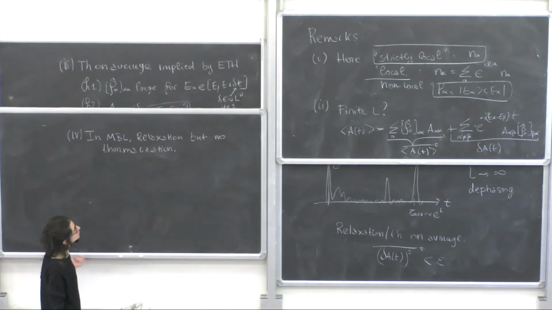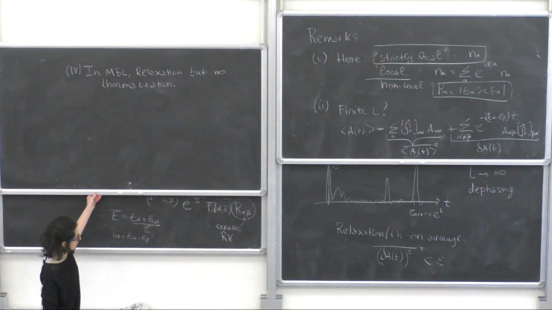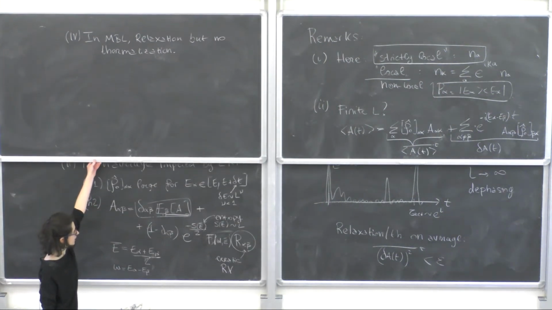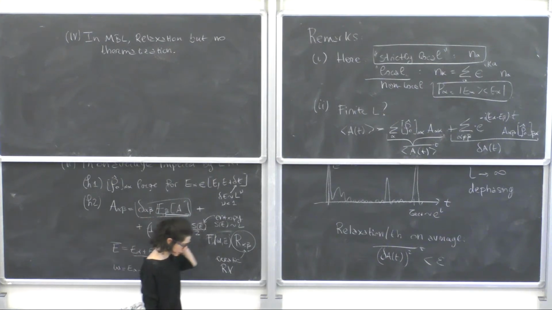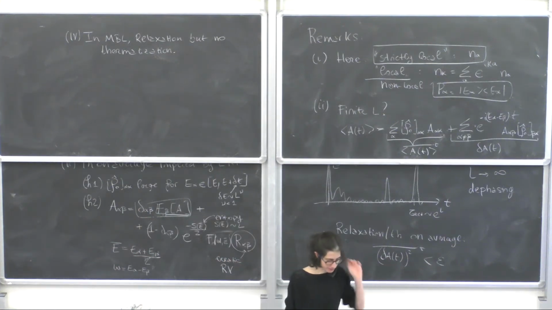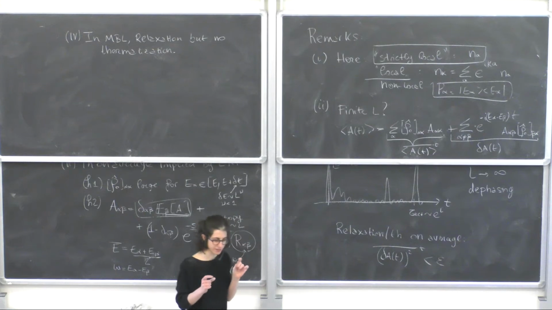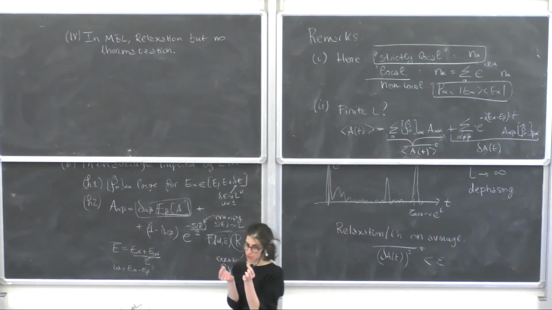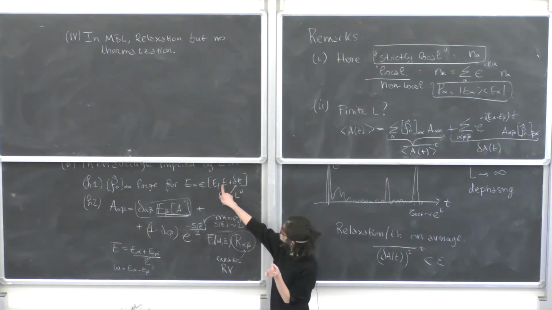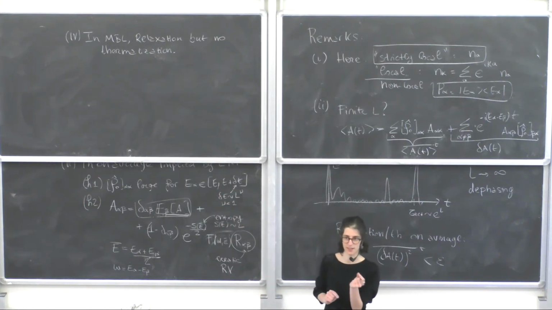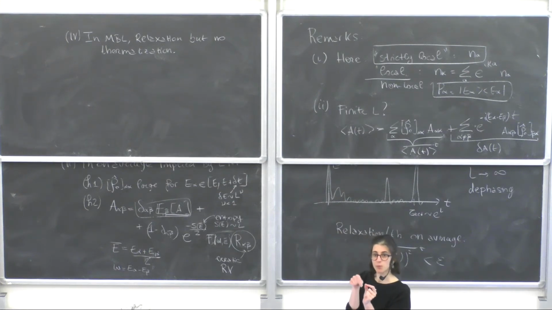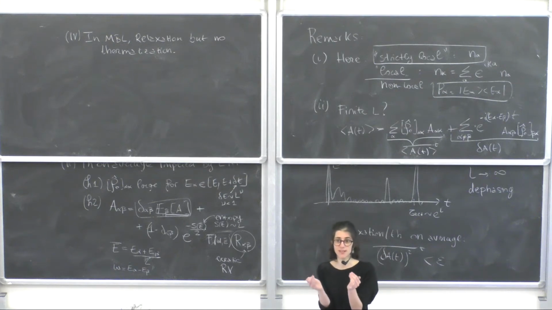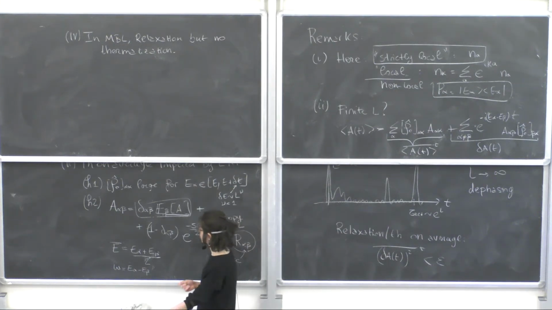And let me go back to the comment that I made before. When I was writing down the expression for the conductivity, I stressed that you have competition between energy differences and matrix elements, and that if you look at eigenstates in this MBL phase, states which are very close in energy, so which would fall into this energy window, and you probe them locally, so you look at a finite region of space, actually they look pretty different from each other, and you can distinguish them by probing local operators.